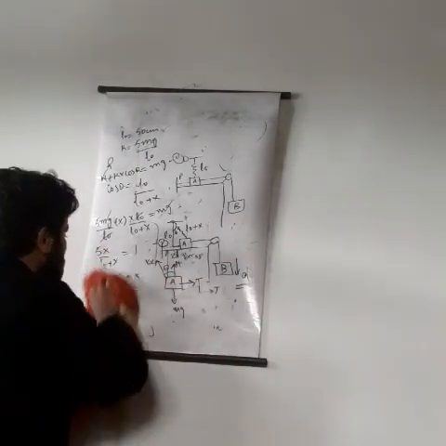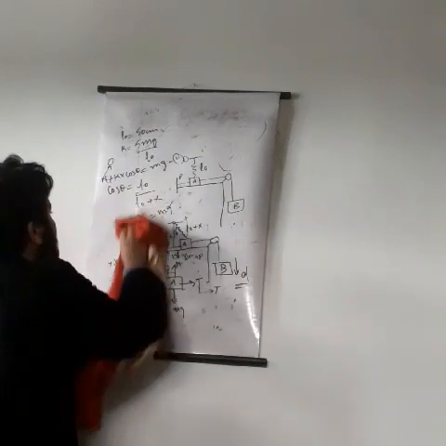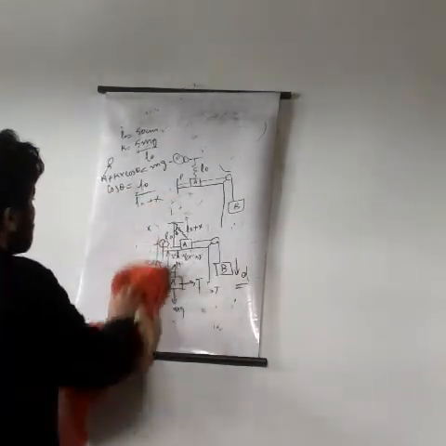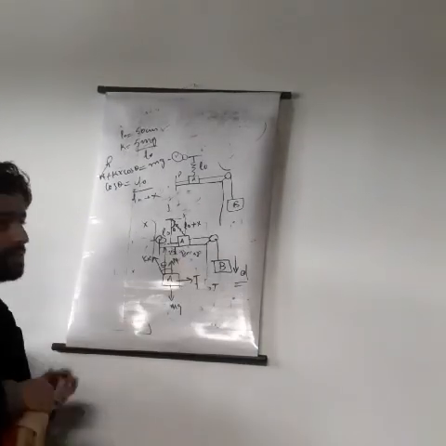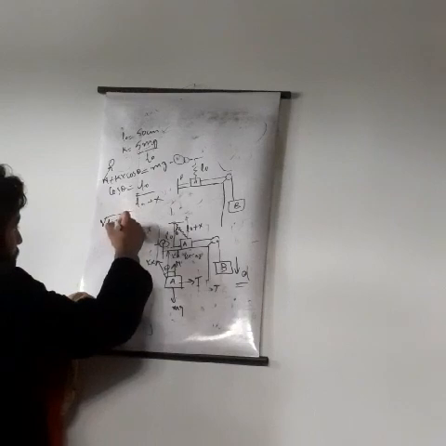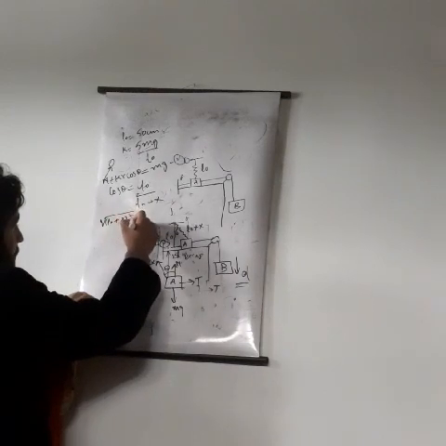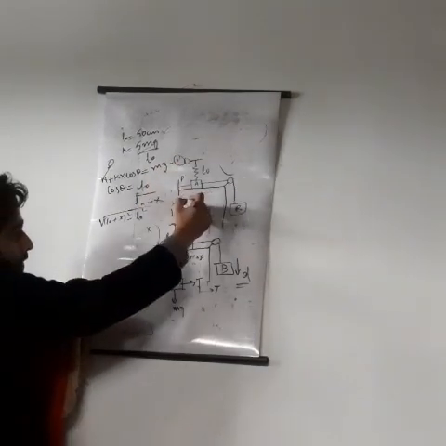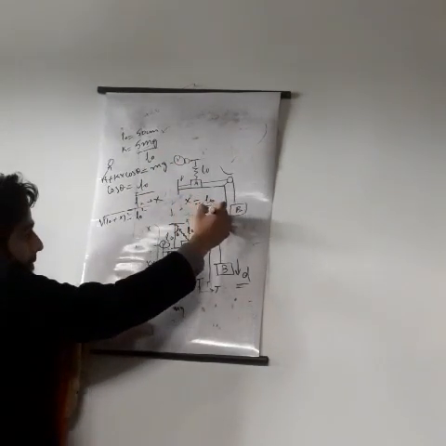So this distance d is square root of L naught plus x whole square minus L naught square. So x is L naught by 4, as we found, x equal to L naught by 4.